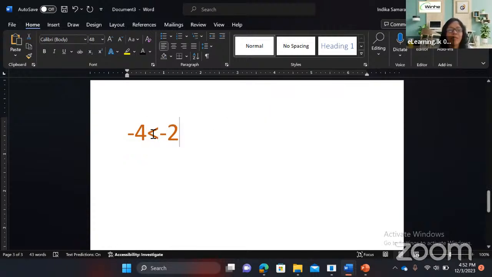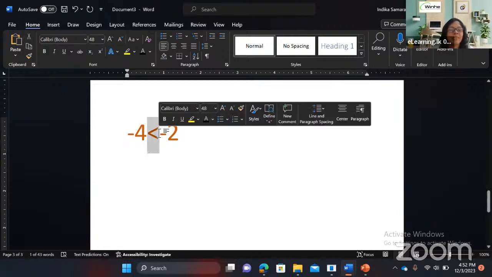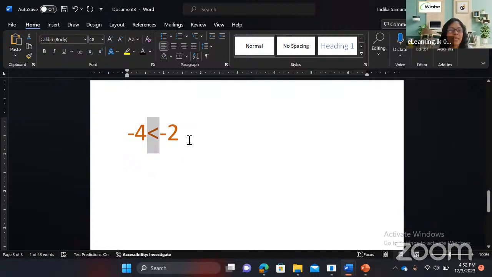If you multiply by a negative value, then if it is a greater than sign, it will become less than. If it is a less than sign, then it will become greater than, right?